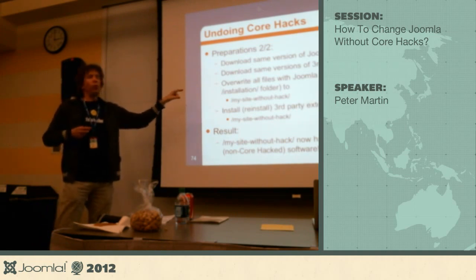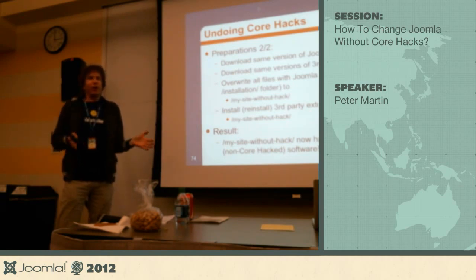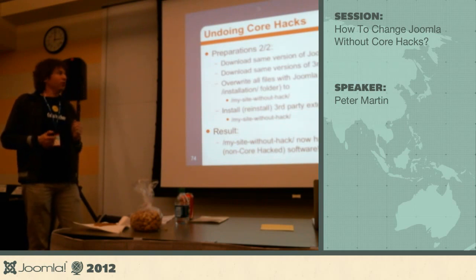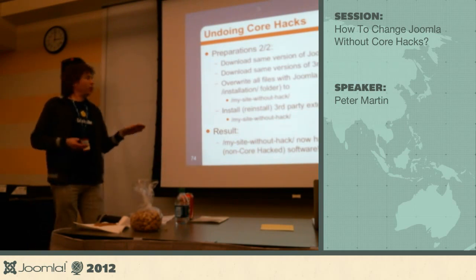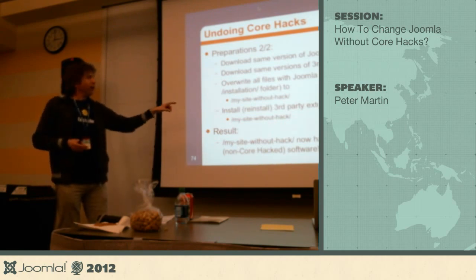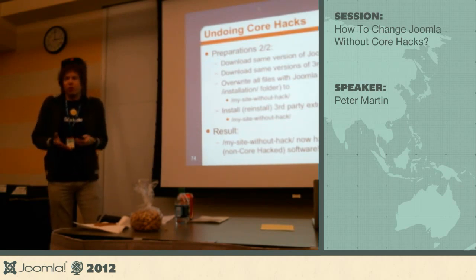If you overwrite all the Joomla files in My Site Without Hack, you have the original Joomla over there. Then install all third-party extensions in your site without hack. So then you have one site called My Site With Hack, with the modified files, and one site, My Site Without Hack, with all new files, which are the clean ones.